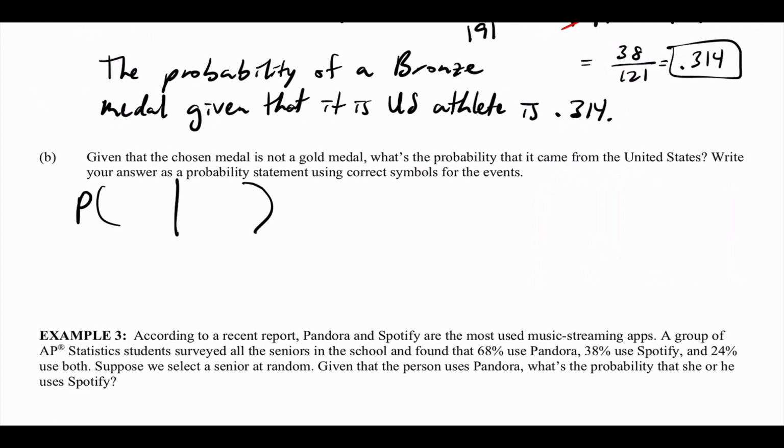So not a gold medal. Is that the probability question or is that the given part? It says given that that happened, so that's going to go over here, gold with a C. What is the probability that it came from the United States? U.